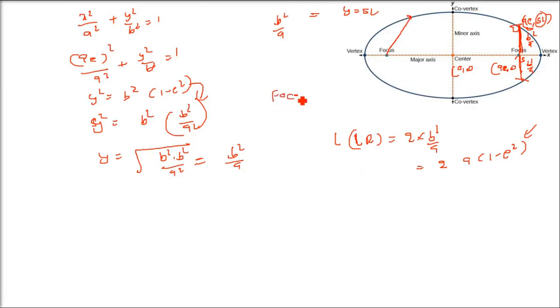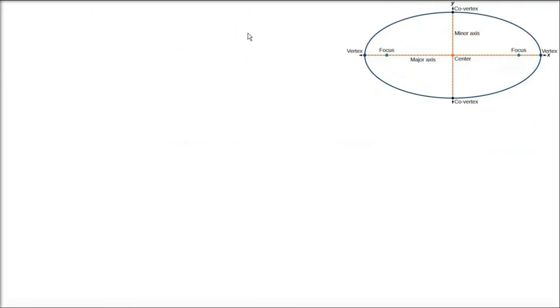So this is f1, f2, and these d1, d2 are nothing but the focal distances, right? So you just have to find the distance of (x, y) from (a, 0) and from (minus a, 0).